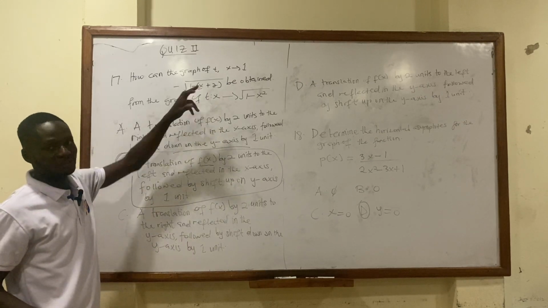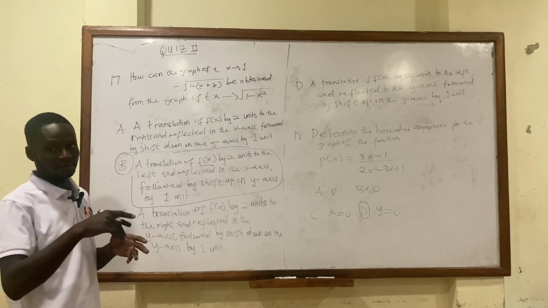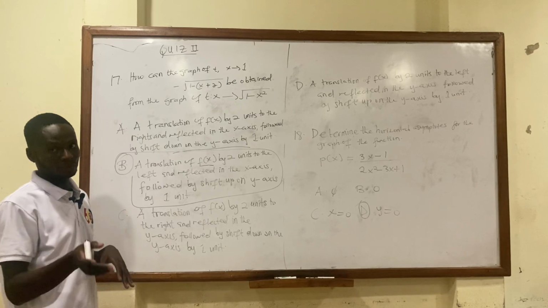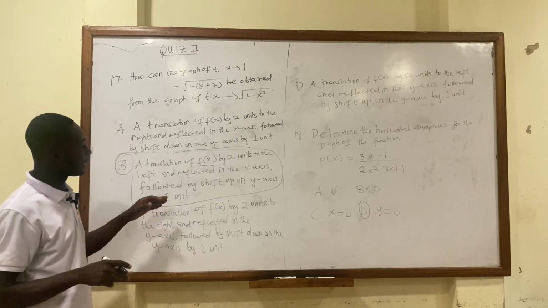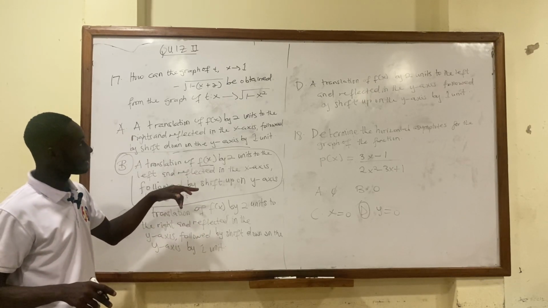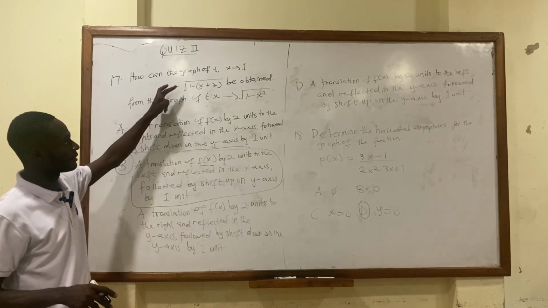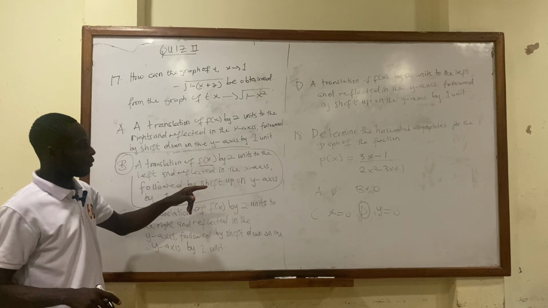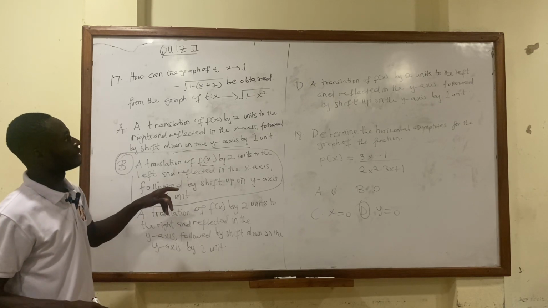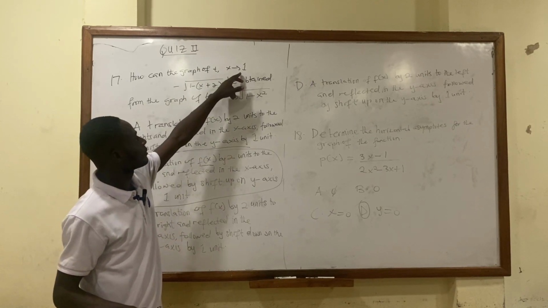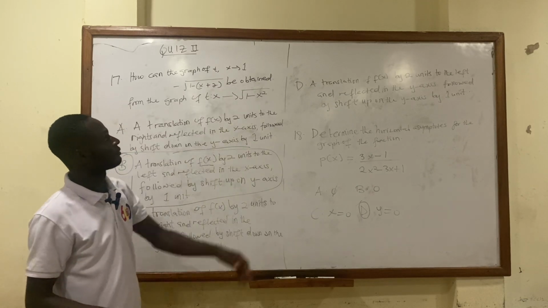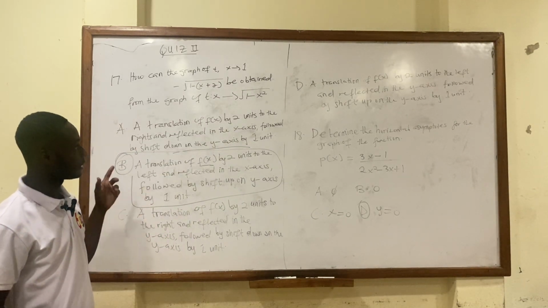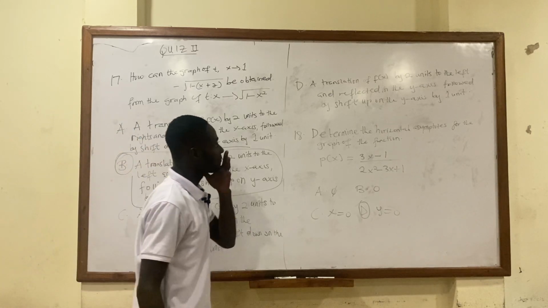So you know, to the left you have x, to the left is with negative, but when it comes inside it will be plus, so that when it goes outside it becomes negative. Alright. And then reflected in the x-axis, that is what we are having, followed by shift up on y-axis by 1 unit. So that is it. That's what you are having here. So that is the option you have to take, option B for this graph.